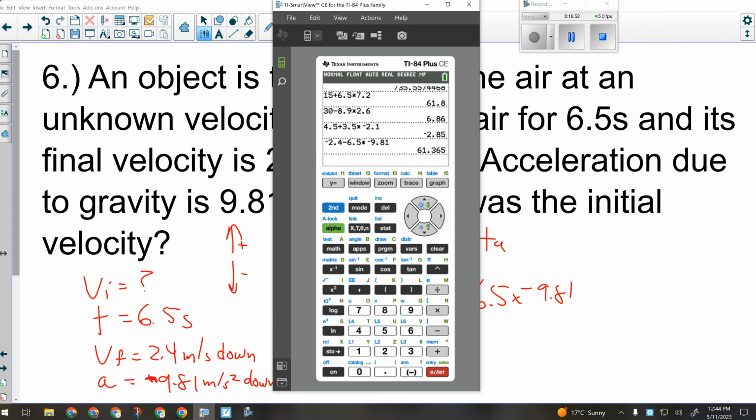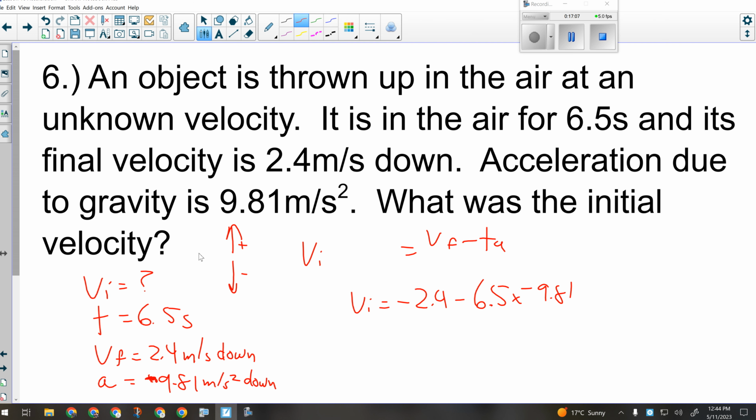But 100 miles an hour is reasonable for a major league pitcher to throw a really, really fast ball. That's way more than that. Way, way, way more than that. So 61 meters per second up. Is the up important? Are the units important? Yeah. Questions on how that works?